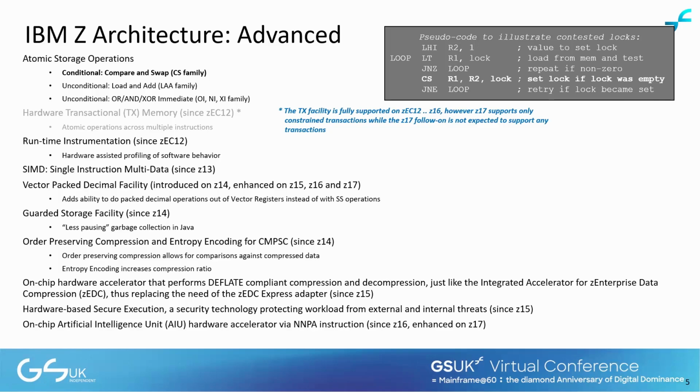We have what are called atomic storage operations. Things like if you're manipulating locks, where you'd have two distinct operations that are fused into one single architected instruction, where either both operations complete or none of them complete. There's a little pseudocode example for the compare and swap discussed right off the bat. We also have load and add, or the LAA family, or immediate and immediate, XOR immediate.